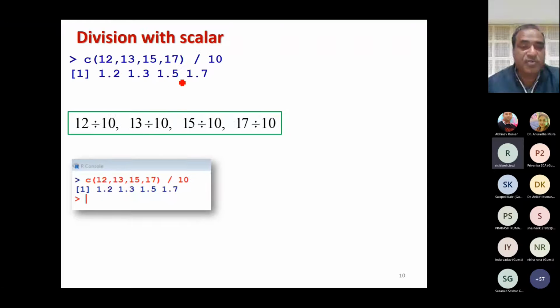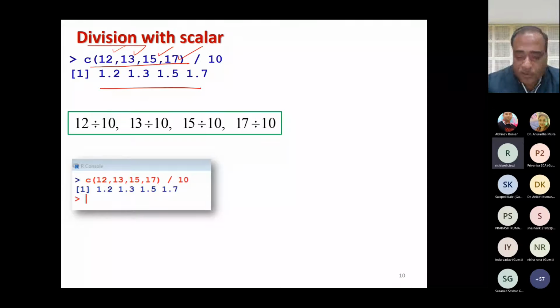And if you take the division, it is operated on each element inside the data vector: 12 divided by 10, 13 divided by 10, 15 divided by 10, 17 divided by 10. That is a very simple way in which R operates between a scalar and a data vector.